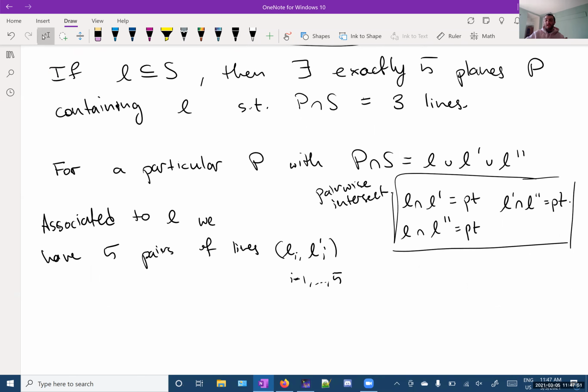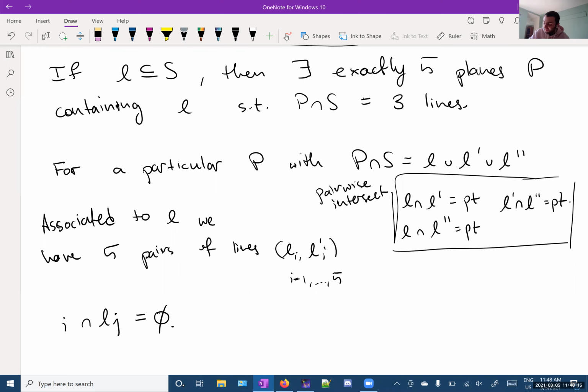Furthermore, is this necessary? Let me think. Yeah, I think so. We also need that L_i and L_j can't intersect, so their intersection equals the empty set. I think we need this.